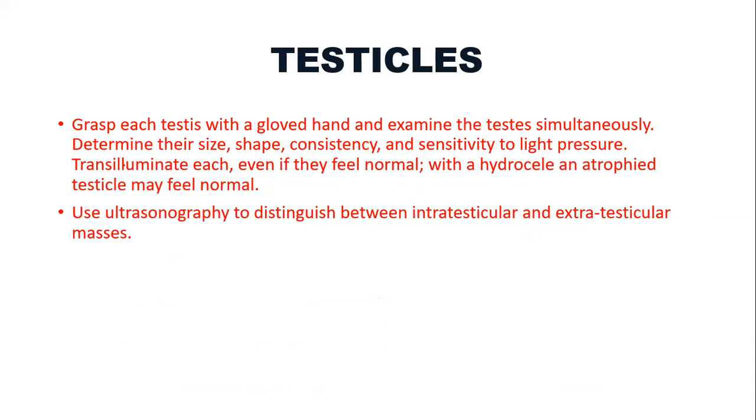Transilluminate each. Even if they feel normal, you have to transilluminate and check. With a hydrocele, an atrophied testicle may feel normal. So what can be done? Use ultrasonography to distinguish between intratesticular and extratesticular masses. This is about the testicles.